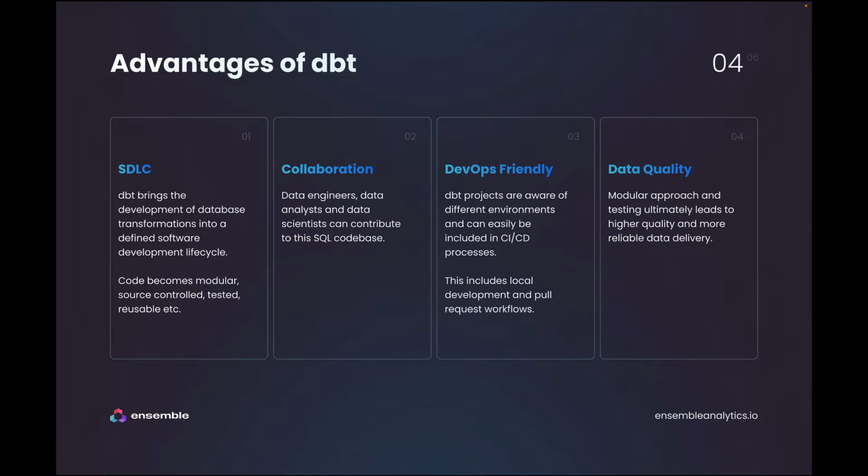Let's briefly consider the advantages of dbt before getting into the demo. Firstly, there are a number of software development lifecycle advantages to what we've just seen. In the past, people were defining ELT transformations within GUI tools, and that was not a very robust way to develop.